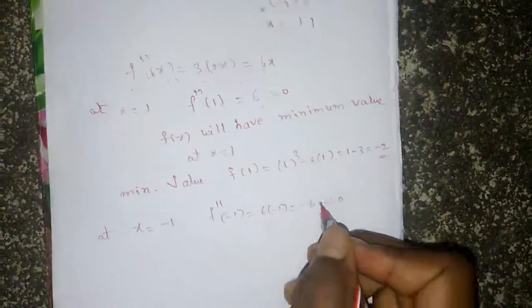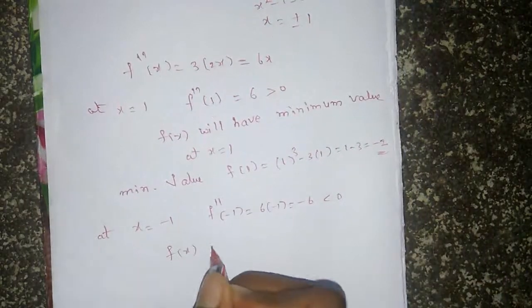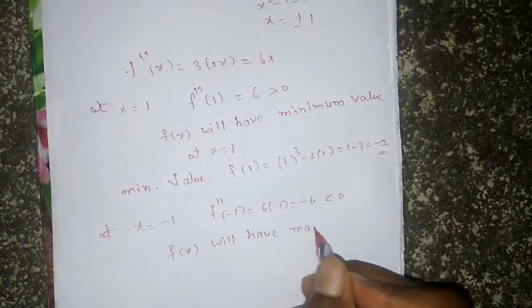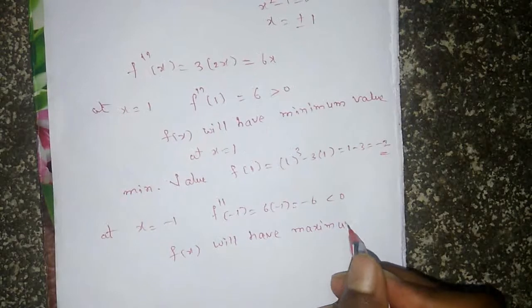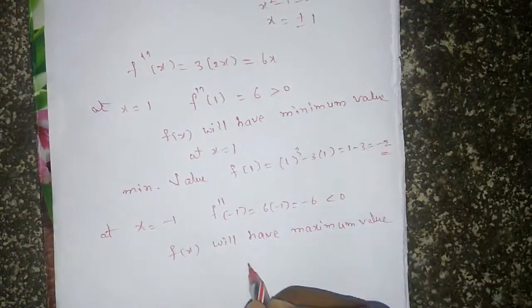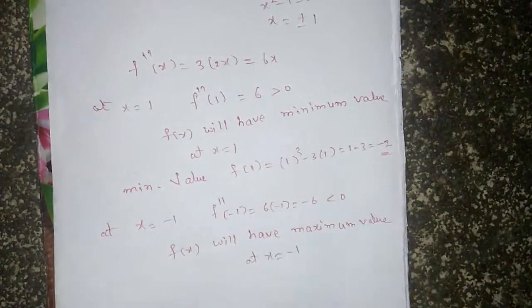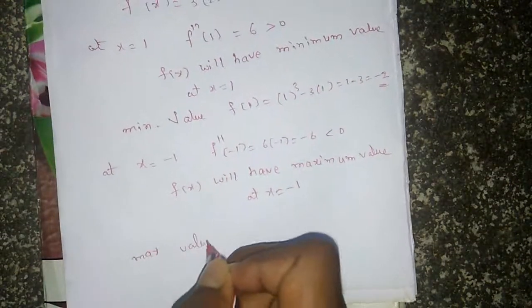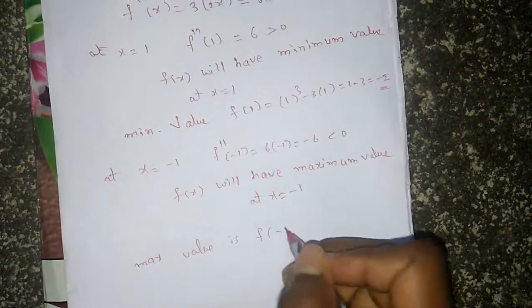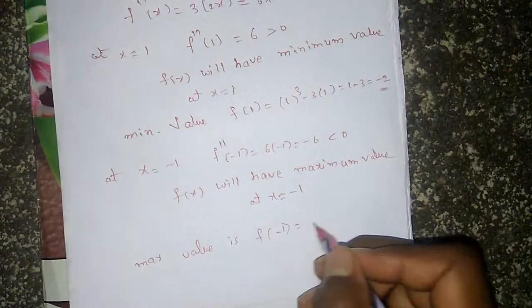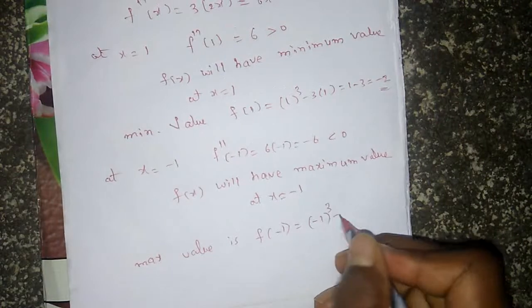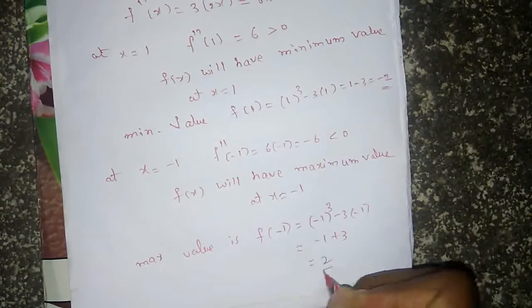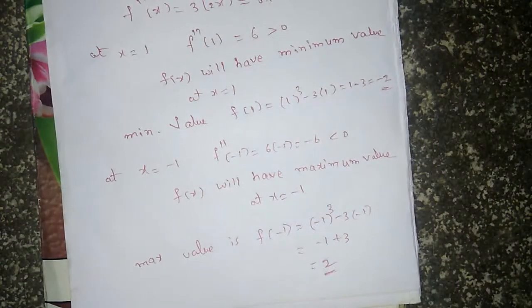F double dash is less than 0 implies f of x will have maximum value at x is equal to minus 1, and the maximum value is f of minus 1 is equal to minus 1 whole cube minus 3 into minus 1, that is minus 1 plus 3, that is equal to 2. 2 is the maximum value of the given function.